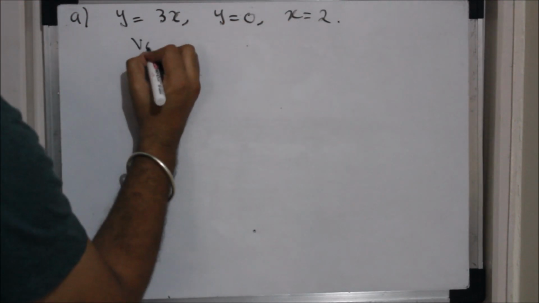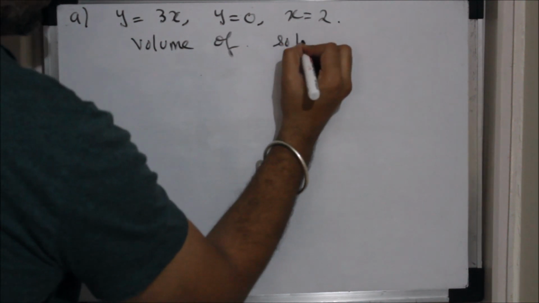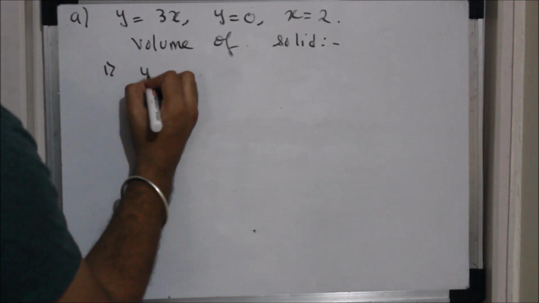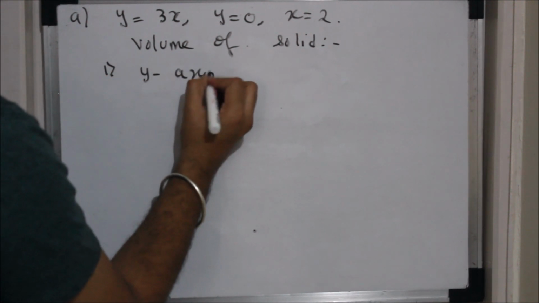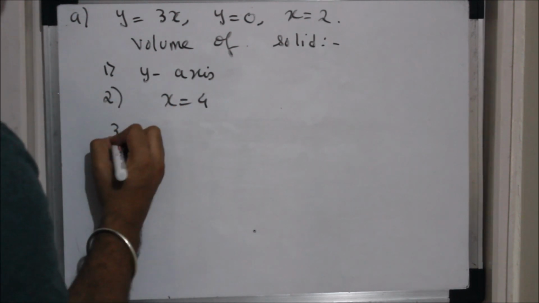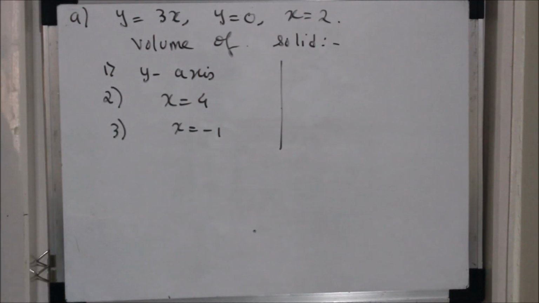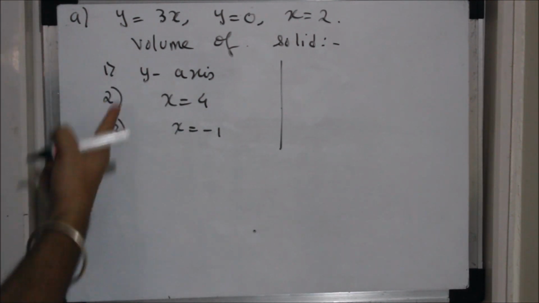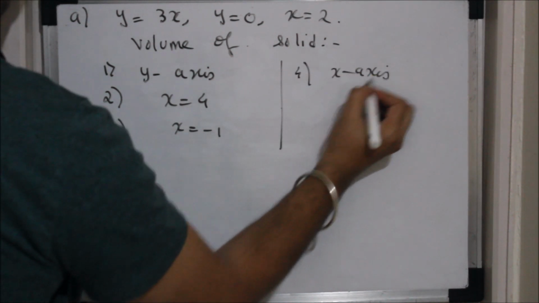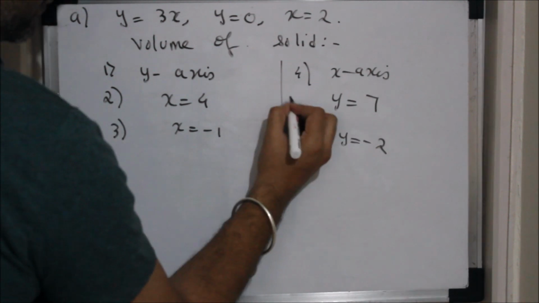I have to find the volume of the solid when I revolve it along the y-axis, the x equal to 4 line, the x equal to -1 line. Sorry, these are the three vertical lines, and then the x-axis, y equal to 7 and y equal to -2.